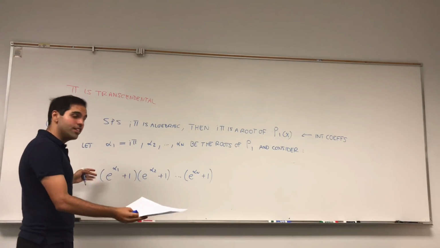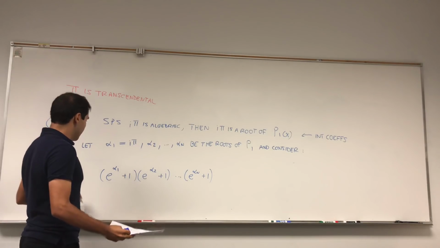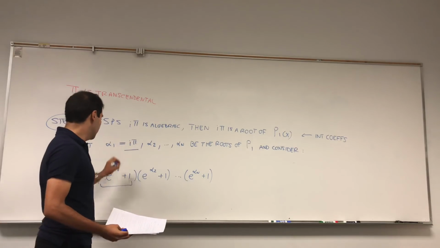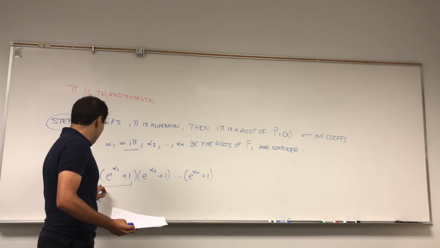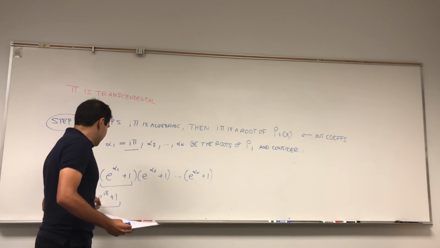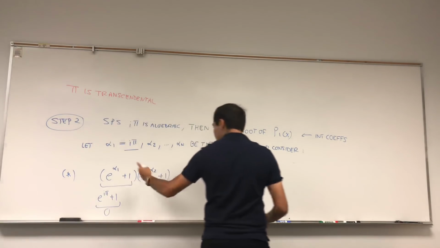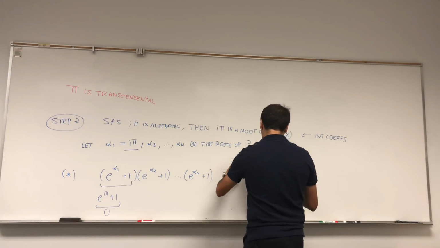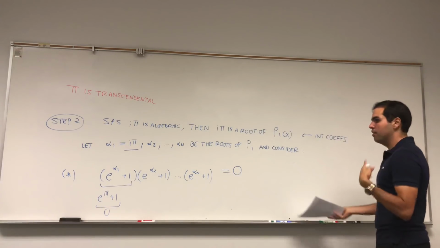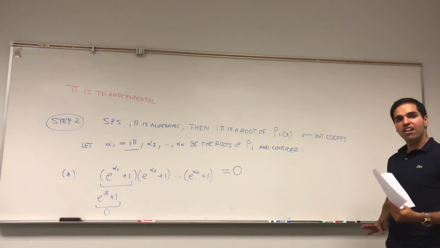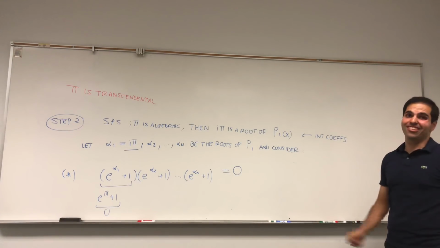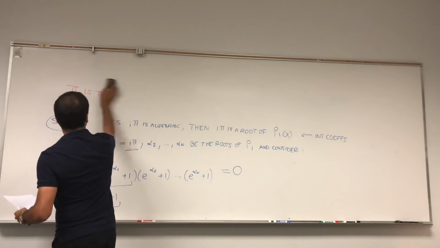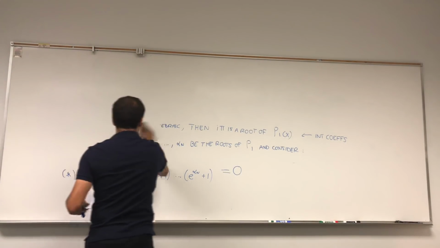So it's a huge expression involving exponentials, but notice alpha 1 is i pi. So this first term is e to the i pi plus 1, and that's 0. And so this huge expression, in fact, is 0. On the one hand, it's 0. On the other hand, well, this just looks like it wants to be FOILed out. So let's just FOIL it out and see what monster we created.